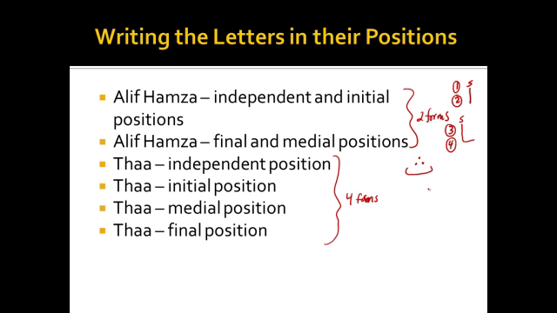So here we have the independent position, which is number 1, and number 2 we have the initial position, which looks like this with 3 dots, and number 3 we have the medial position, which looks like this, and number 4 we have the final position, which looks like this. Okay, so let's write these on our lines in the next slide.